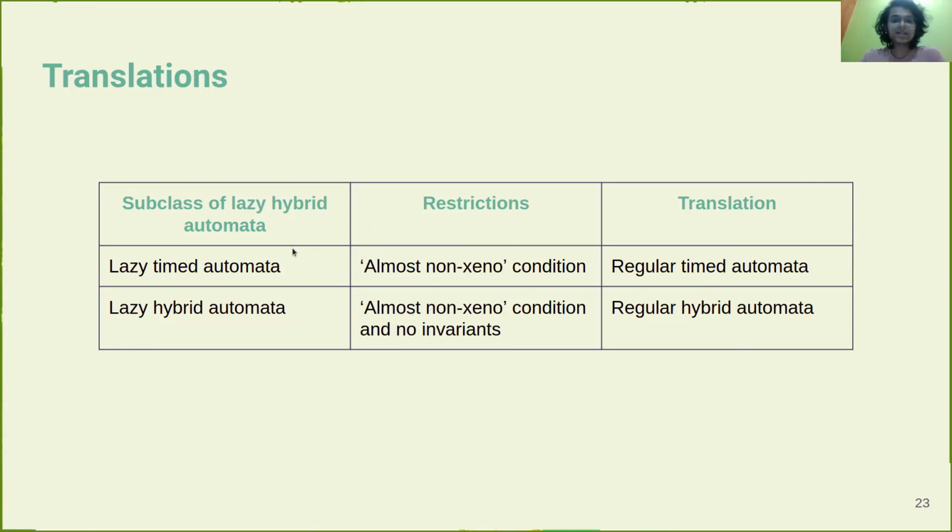Now, when we placed some additional restrictions on the evolution of the variables, that is, we made all of the system variables evolve at a constant rate, we made them clocks in timed automata, we were able to capture the invariants. But again, this is a restriction that we have.